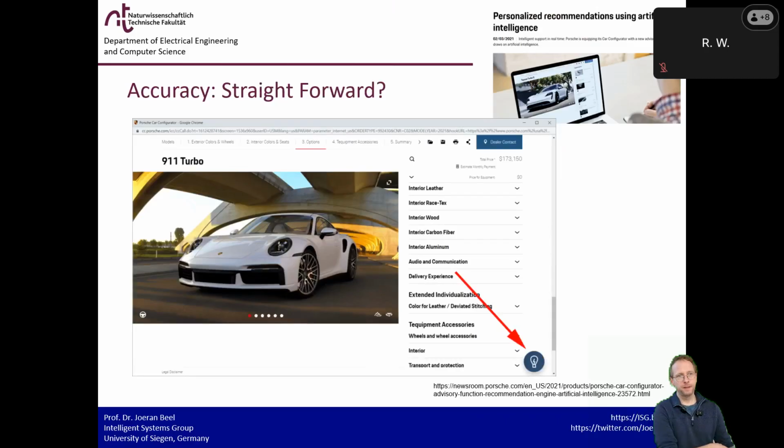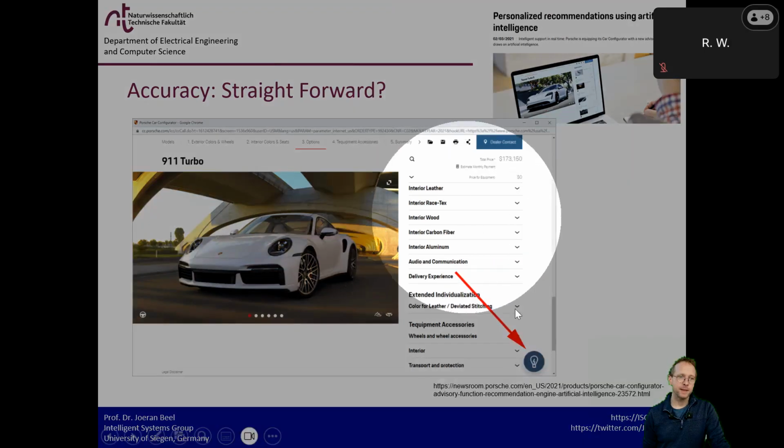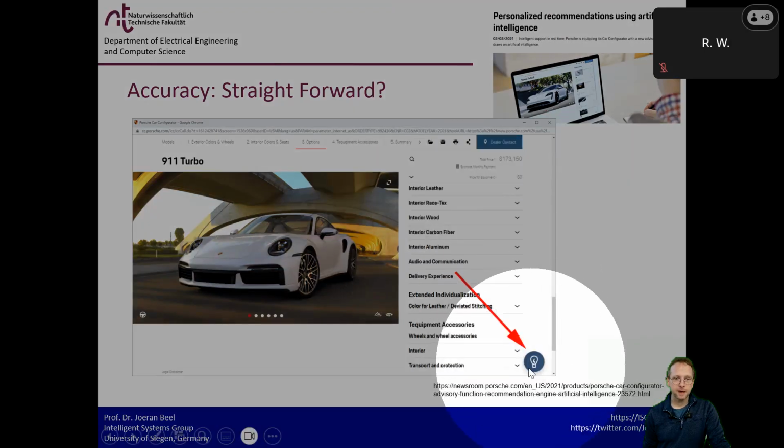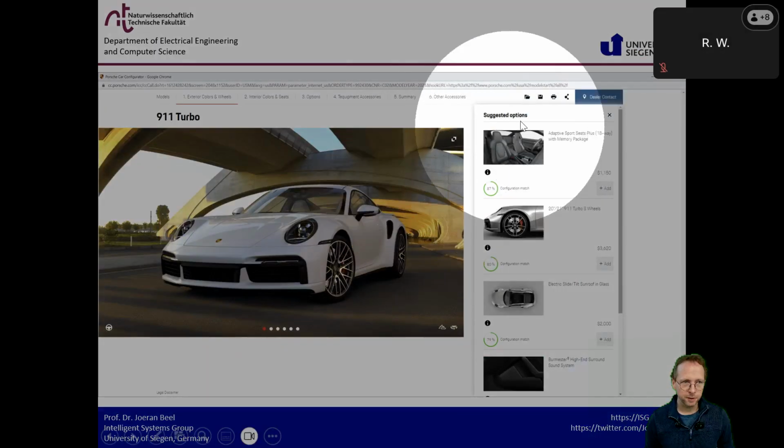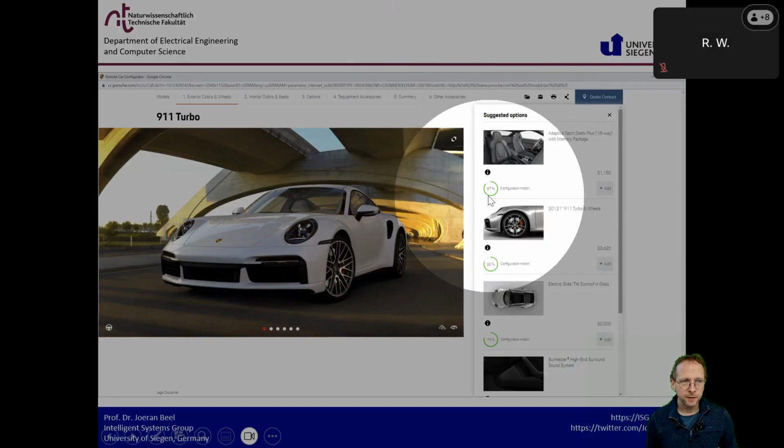Accuracy is being used very often. I think everyone knows this term in English. It's a very common term also outside of computer science. Porsche has a recommender system that is suggesting how to configure your new Porsche. So if you go to the website, and then there's this icon starting the car configurator, and they give you suggested options and tell you a percentage of how good this is.